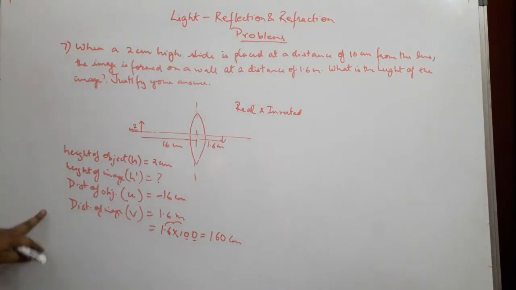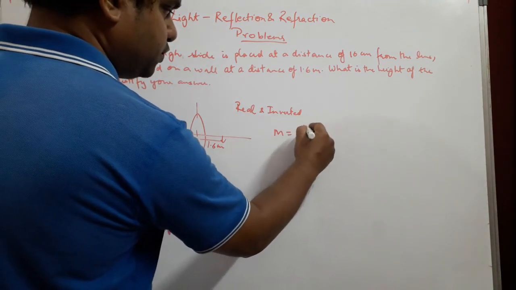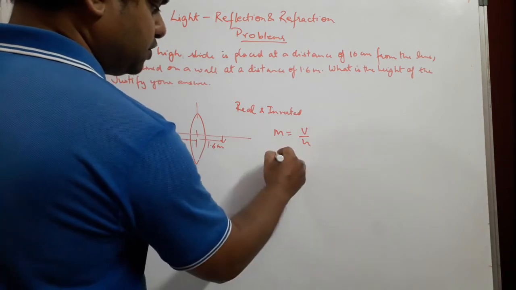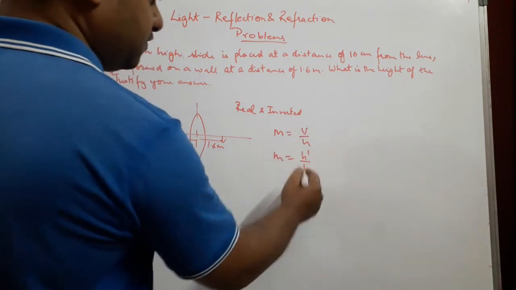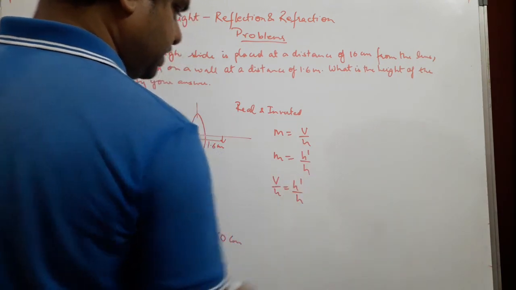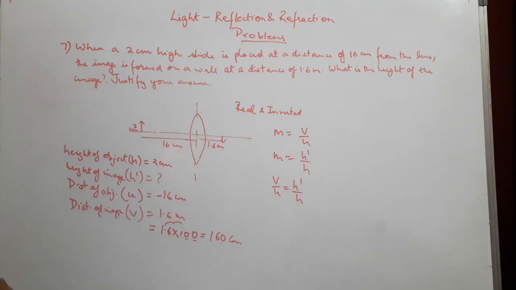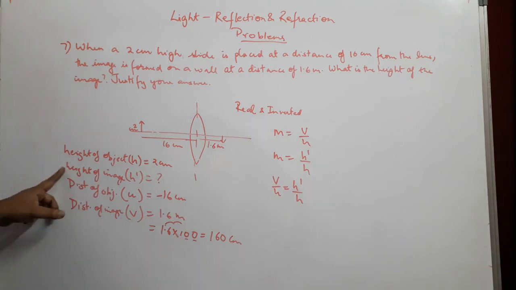we have got this. Now we need to establish a relationship. If we recall, magnification is given as V upon U, and it is also given as h dash upon h, which means we can write V upon U equal to h dash upon h. Fine. Now if we substitute the values in this equation, we should be able to get the height of the image.